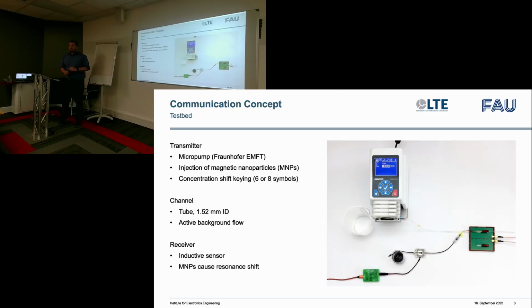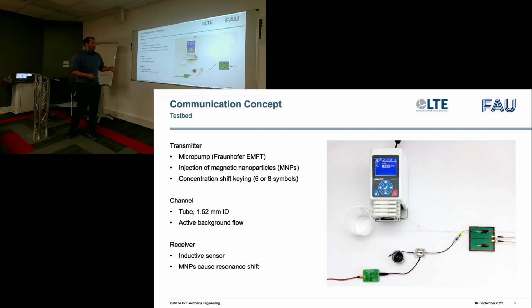This is our test bed. Some of you know it. This is the newest iteration. We use superparamagnetic iron oxide nanoparticles, SPIONs for short, or just magnetic nanoparticles, to transmit information through an active background flow. That's what you see here. We have a peristaltic pump which drives water through a tube, and we use commercial micropumps, in this case ones which we got from Fraunhofer, to inject these particles into our transmission tube.